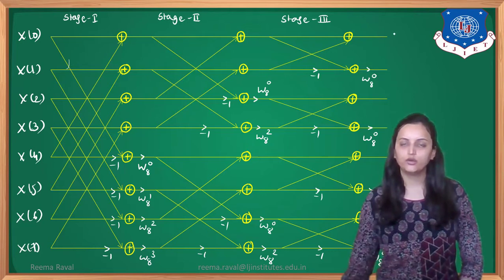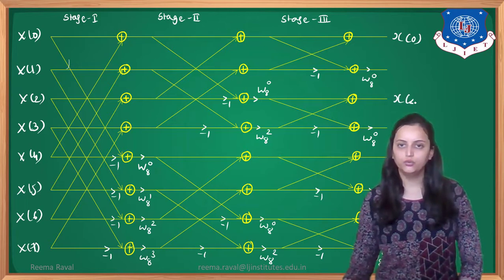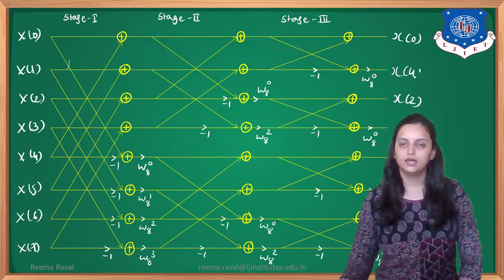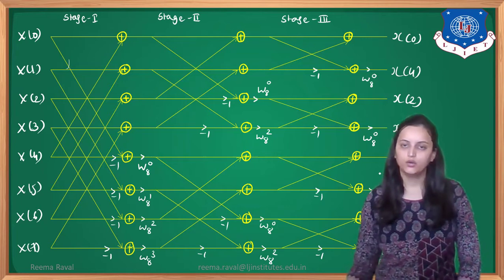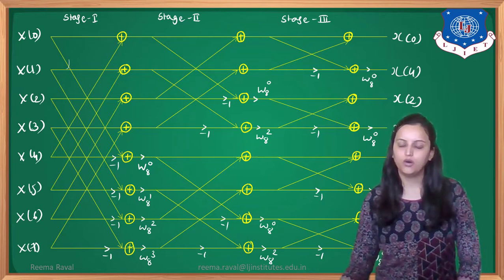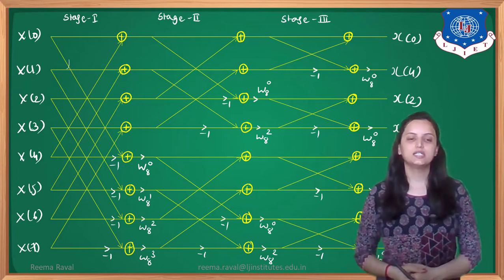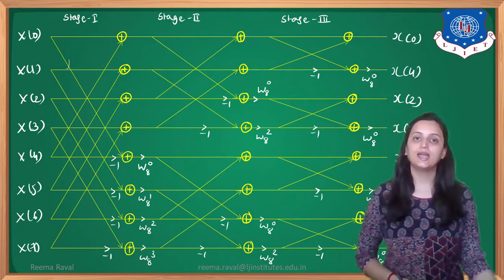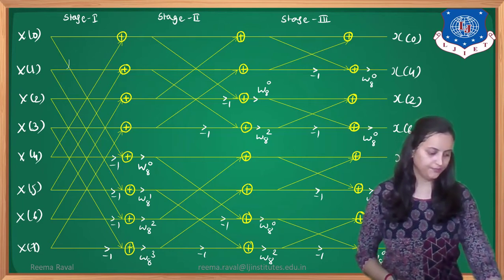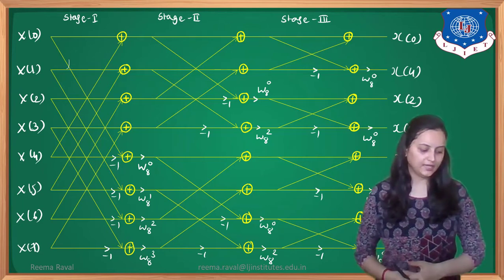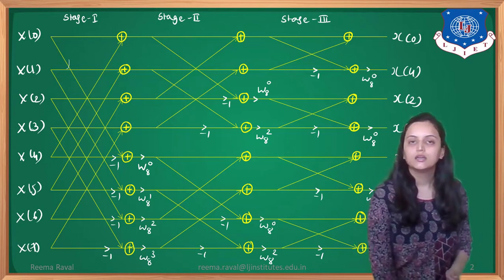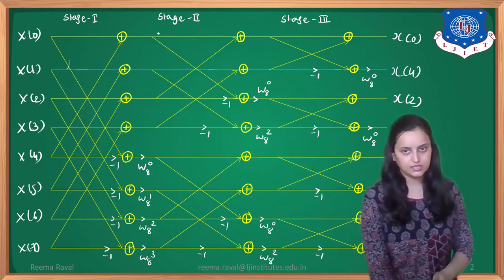That means first of all we write down the even values, x of 0, 2, 4 and 6. Now the odd values, x of 1, 3, 5 and 7. So these are the values at the output side for DIF FFT structure. Now let us calculate the output of each and every stage.